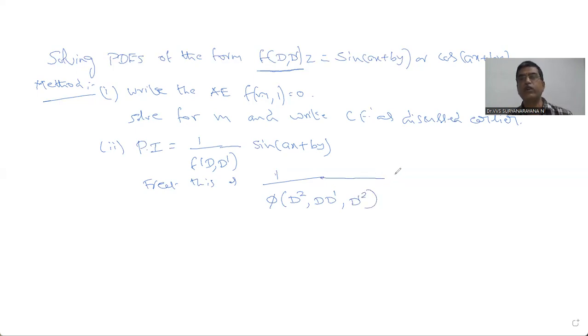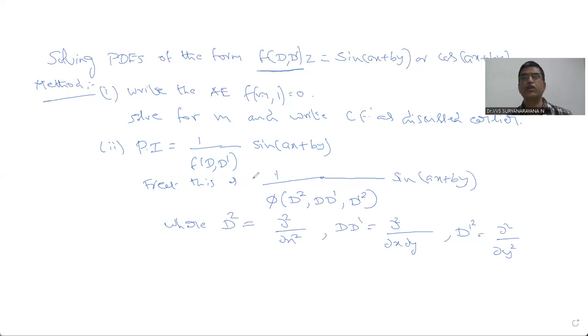So treat f of D, D dash as some function of D square, D D dash, and D dash square, where D square is nothing but the second order partial derivative with respect to x. D D dash is nothing but the second order partial derivative, where one partial derivative is with respect to x and another with respect to y. And third one, D dash square, is nothing but the second order partial derivative with respect to y square.